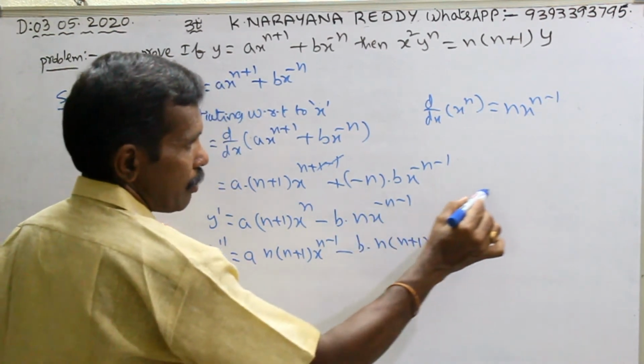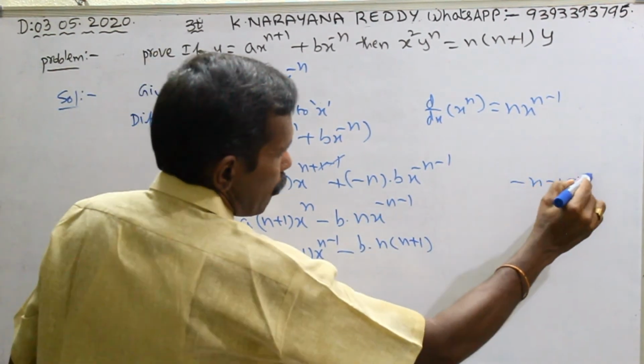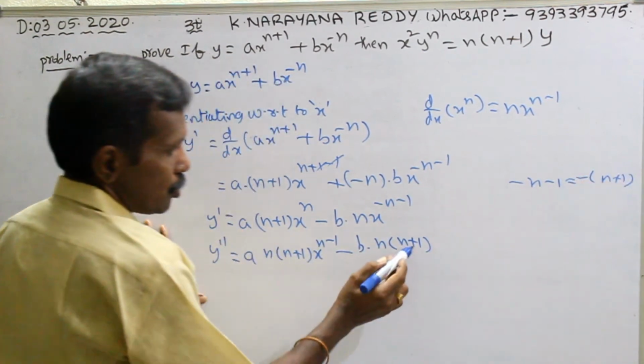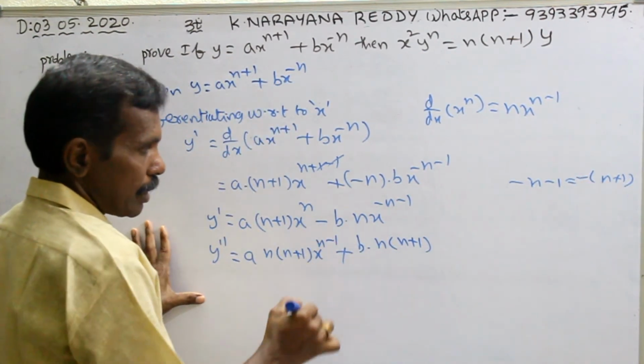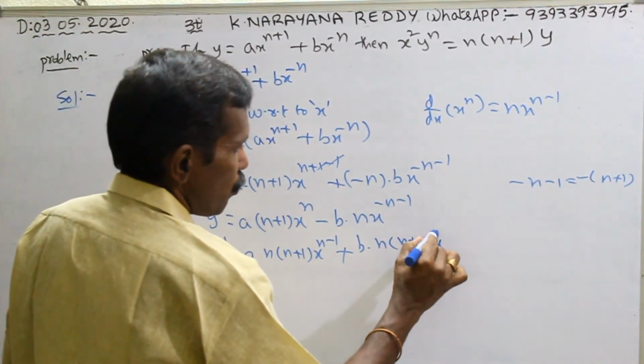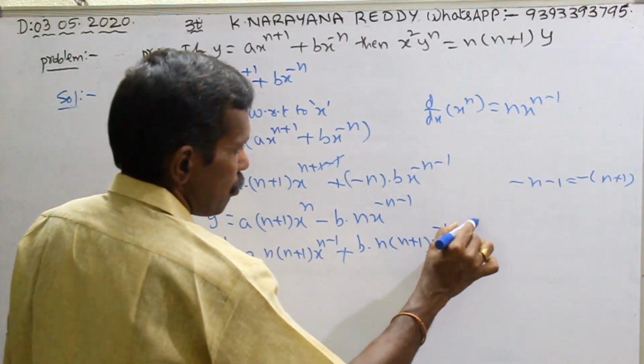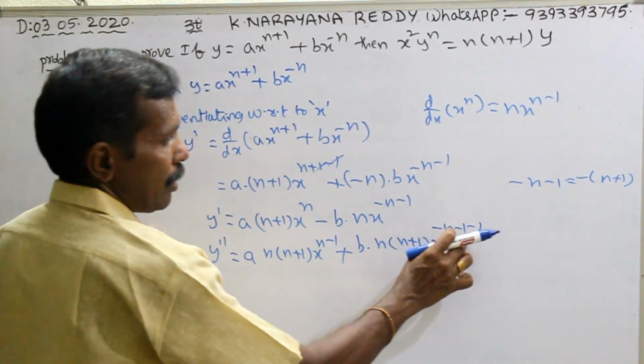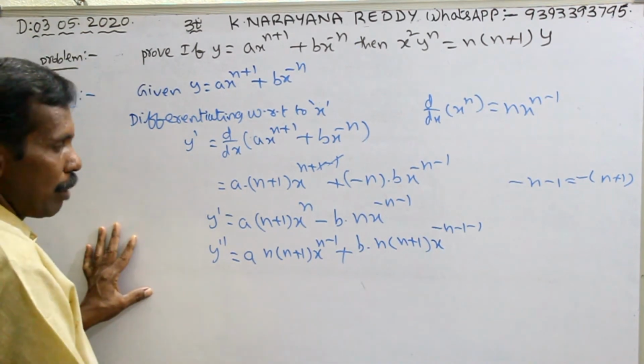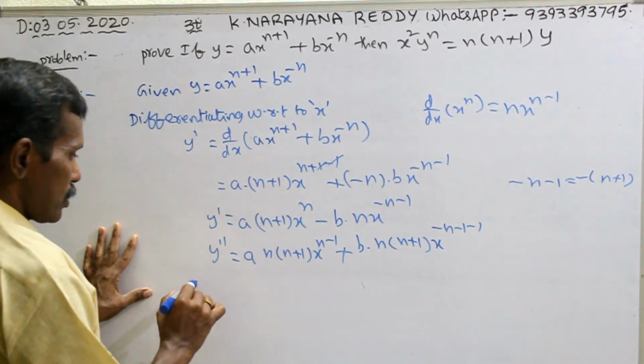Here minus 1 is there because minus n minus 1 equals minus of n plus 1. So minus of n plus 1 means minus into minus is plus, x to the power of minus n minus 1 minus 1. Okay.